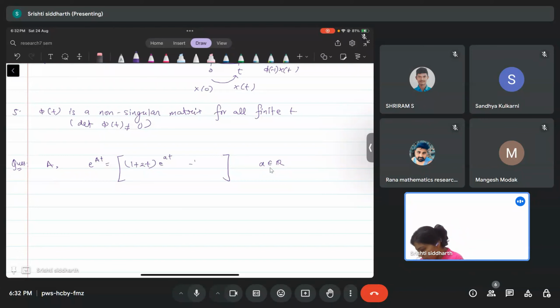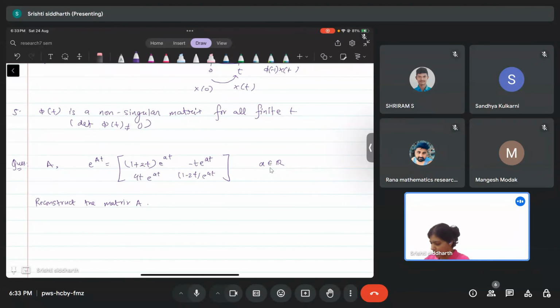Then we have minus t e to the power at. This is 4t e to the power at and 1 minus 2t e to the power at. Okay. So the question is, reconstruct the matrix A.